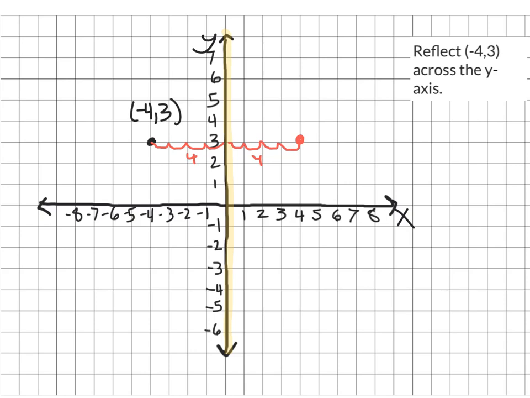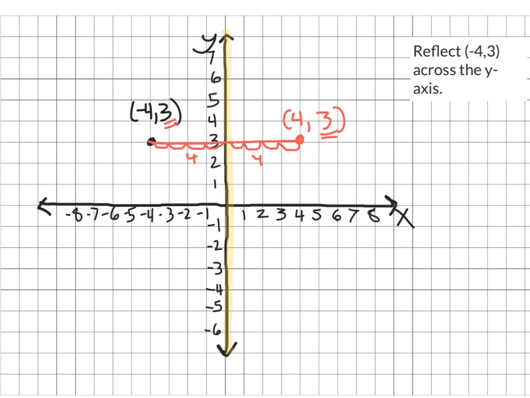And the coordinate here is 4, 3. Notice that these points are making a horizontal line that has the same y coordinate.